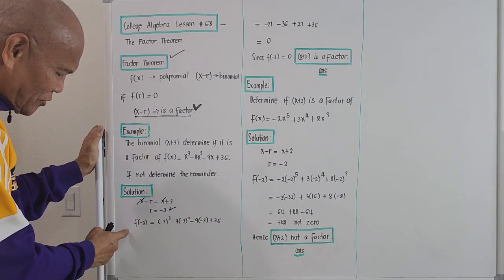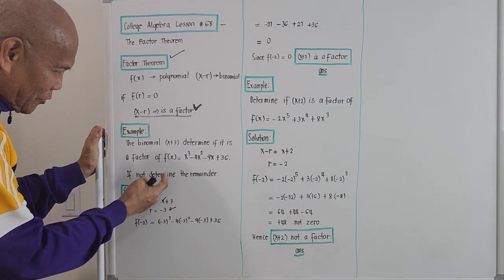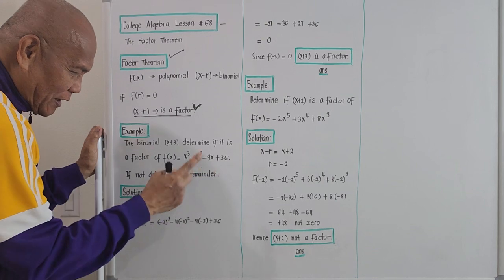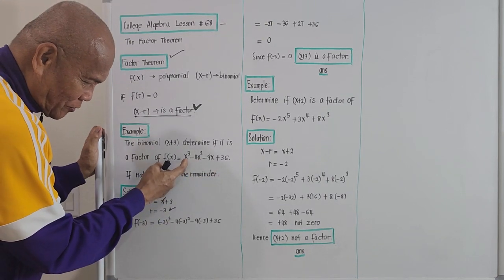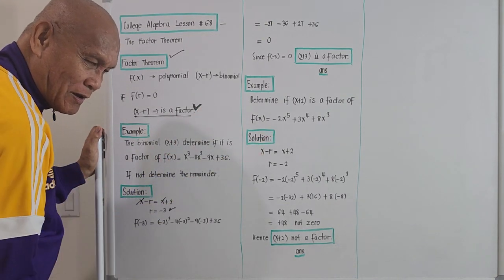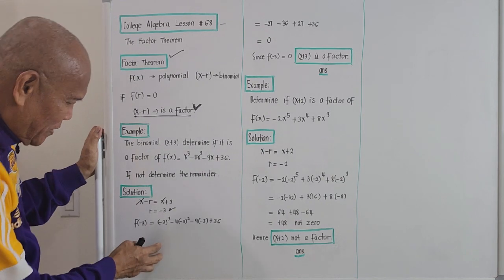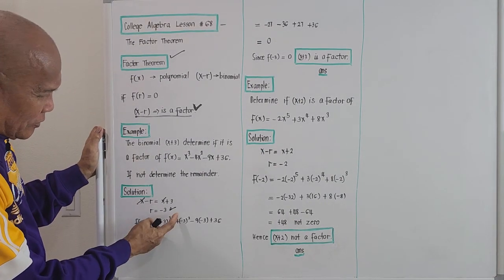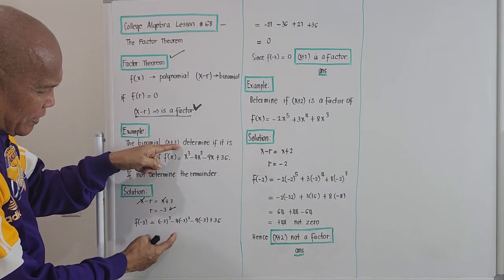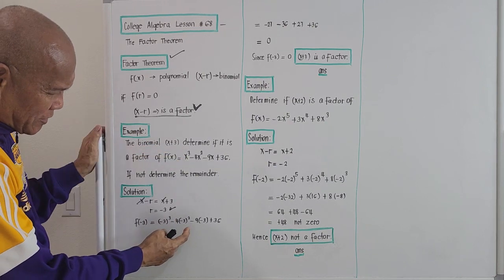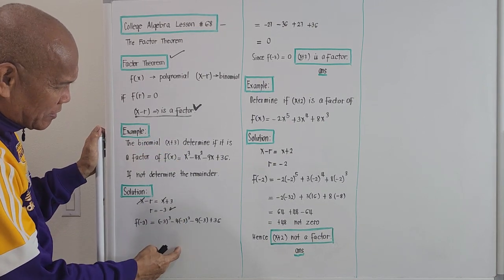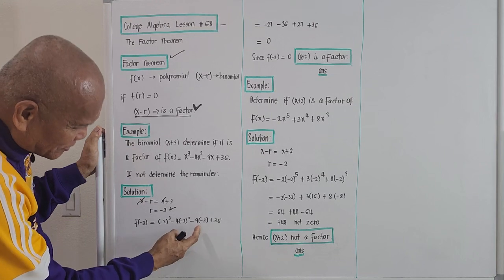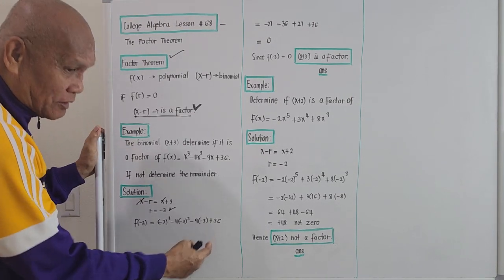So, function of negative 3, meaning we replace all values of x by the value negative 3. So, this should be negative 3 to the third power, minus 4 times negative 3 squared, minus 9 times negative 3, plus 36.